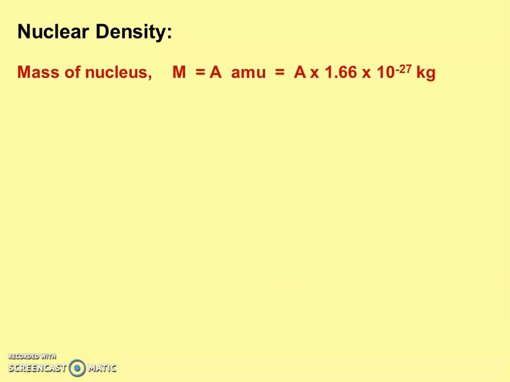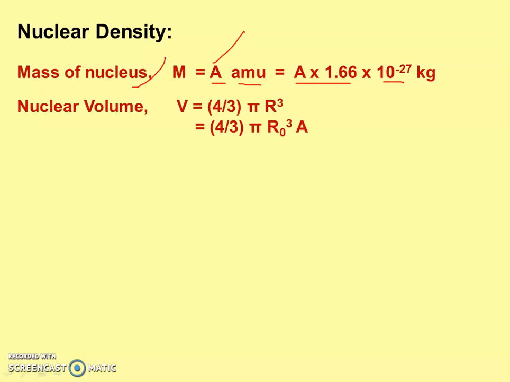Now the next thing is nuclear density. Density means mass by volume. The mass of the nucleus is A m, where A is the mass number, so we can write it as A into 1.66 into 10 to the power minus 27 kg. This is the mass of the nucleus.